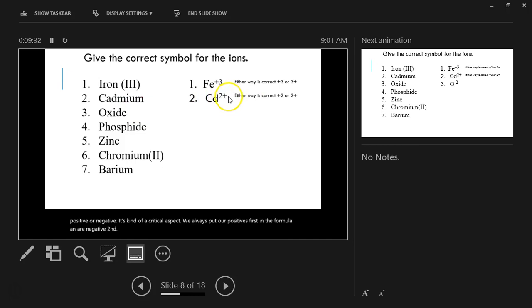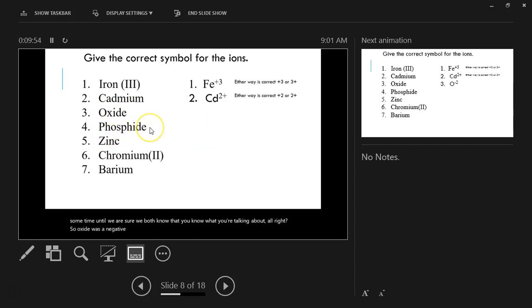The only exception to having a number with your positive or negative sign is if you have a 1. Sometimes they just put a negative. But let's write the full thing out for quite some time until we're sure that you know what you're talking about. All right, so oxide was a -2.